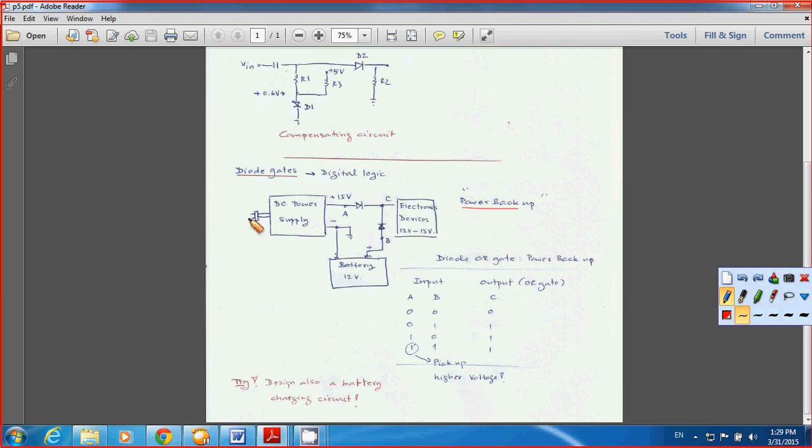And what happens if you have a power outage, so you have no supply voltage to the electronic device? Sometimes you want the electronic device to continue working, for example clocks.